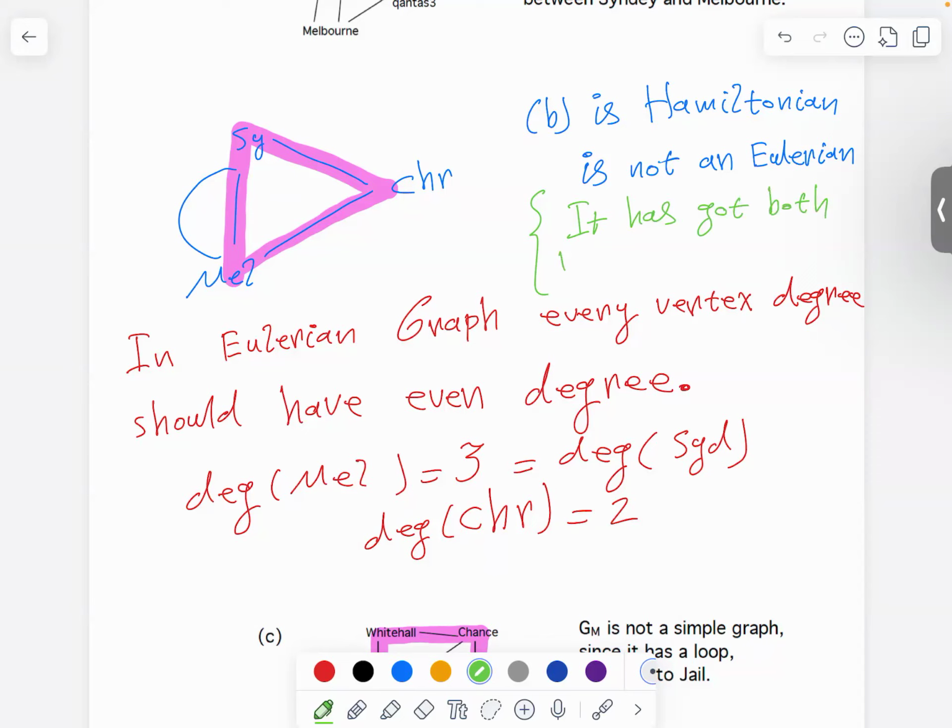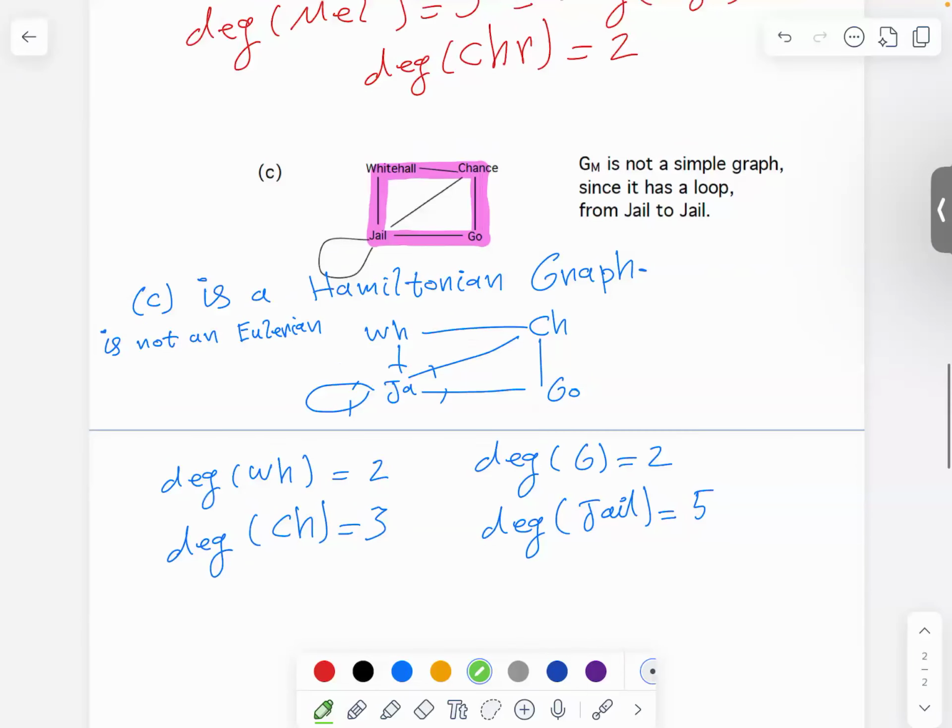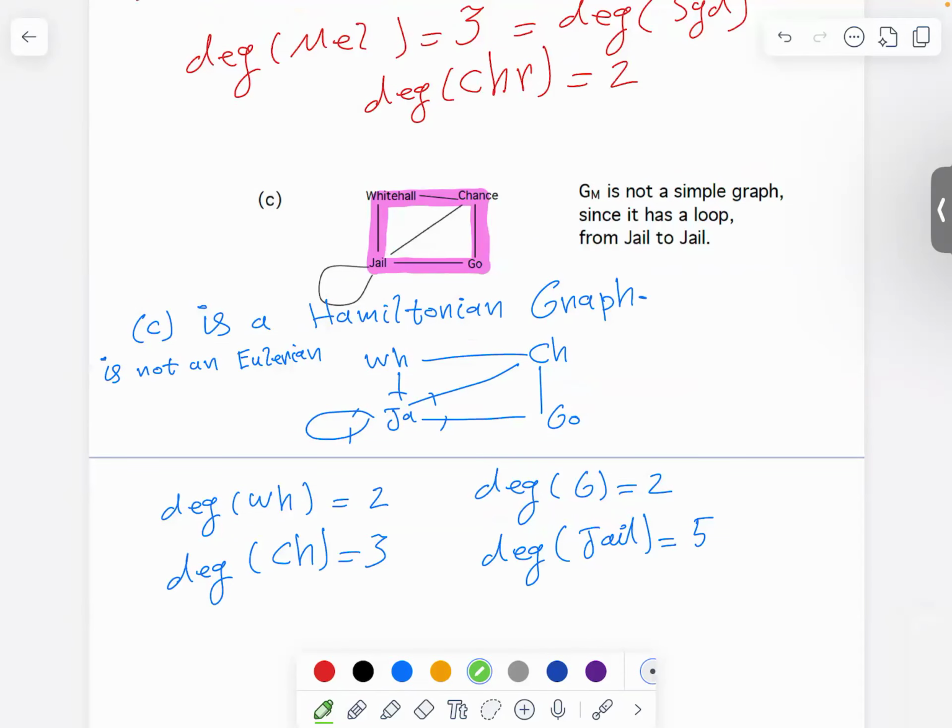So this has both Hamiltonian and Eulerian path. Okay. What about this one? Yes, it has degree 5, and since it has an Eulerian Hamiltonian cycle, the Eulerian Hamiltonian path can easily be constructed.